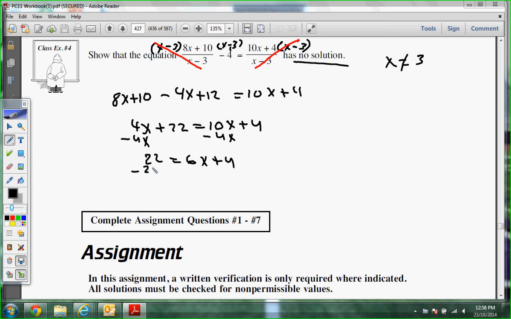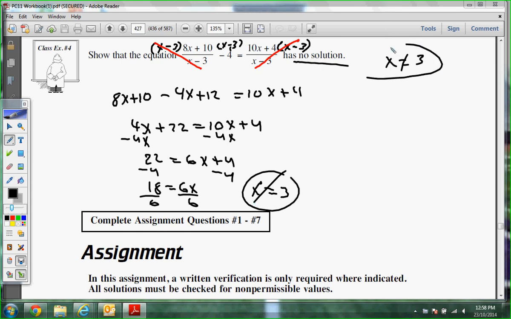Okay, minus 22 minus 22. 0 equals 6x minus 18. Now you can GCF or you can move the 18 and divide. It doesn't matter how you want to do that. I guess I probably should have minus the 4. Let's do it that way. Sorry. I'm into my GCF mode. Algebra-wise, it makes more sense to do this. 18 equals 6x. Divide by 6. Divide by 6. X is 3.